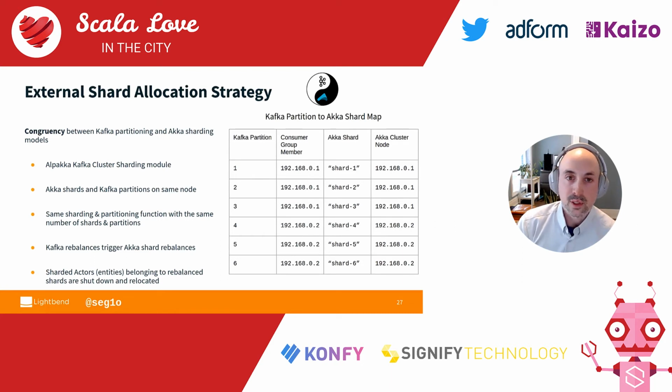And then when a consumer group rebalance occurs, we regenerate the Kafka partition to Akka shard map, and we move shards to the nodes where those consumer group members live. So we don't control where the partitions go, but we control where the Akka shards go on our Akka cluster.